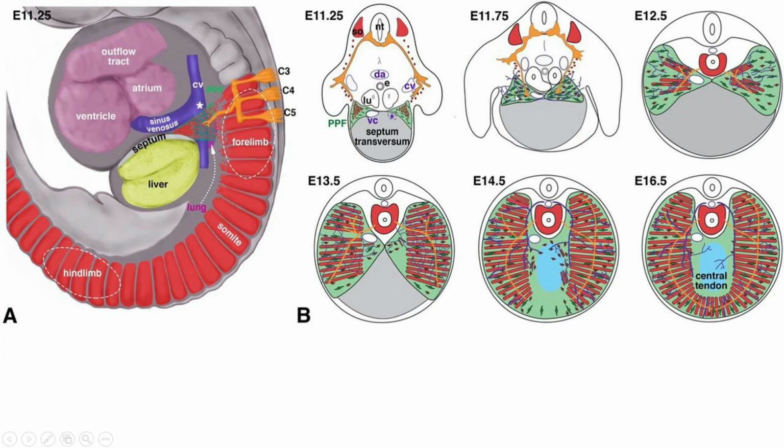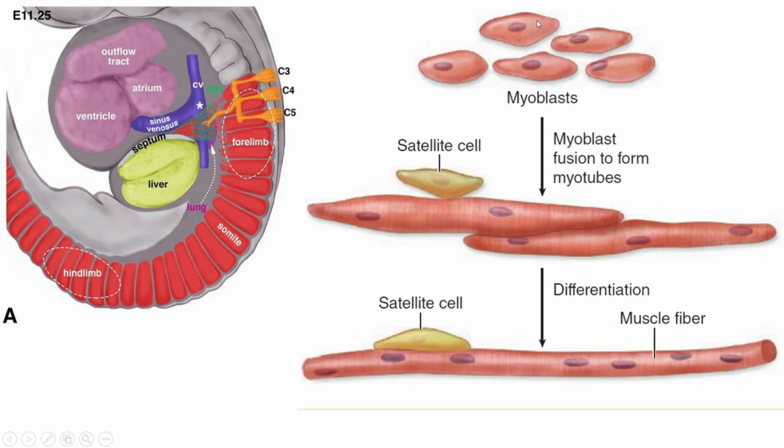These myoblasts differentiate into myotubes, and these myotubes together form the muscle fibers or myocytes. Here we can see that there are a few myoblast cells, so they actually fuse with each other to form a myotube, and these tubes fuse with each other to form a single muscle cell or muscle fiber. And this picture explains why the muscle cells are multinucleated.